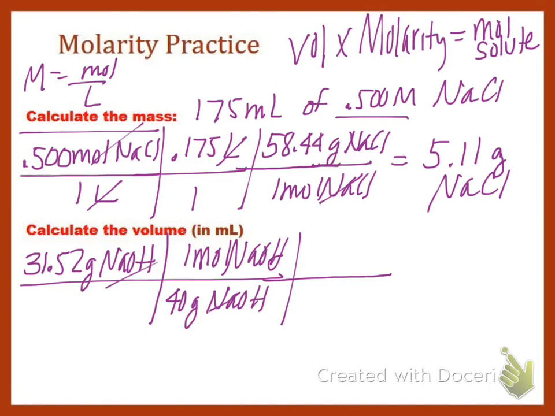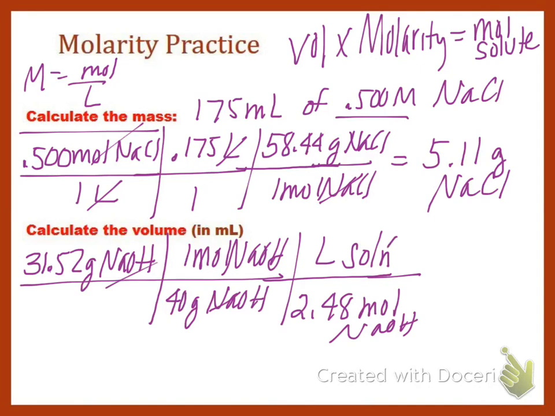So I'm going to take my molarity that they gave me of 2.48 moles of NaOH per liter of solution. And this is my abbreviation for solution. You can just put the liter. You don't have to put the solution. And this wants it in milliliters, so I'm going to say 1 liter is 1,000 milliliters.